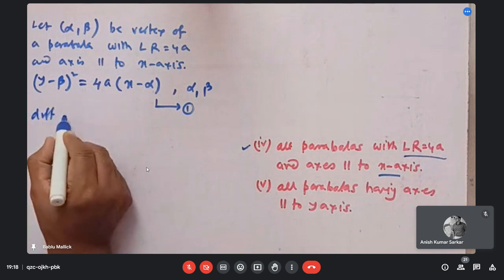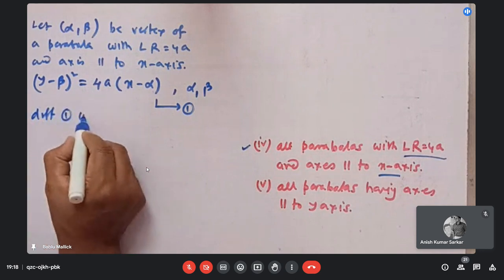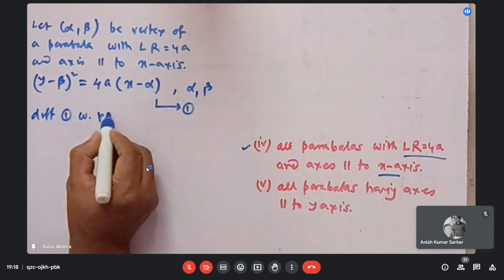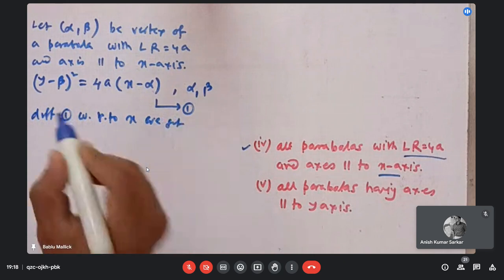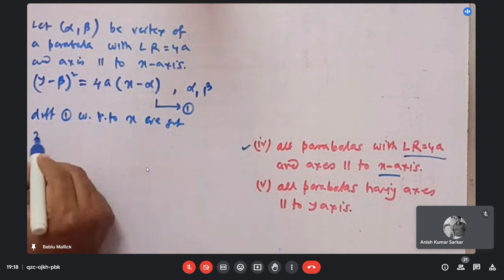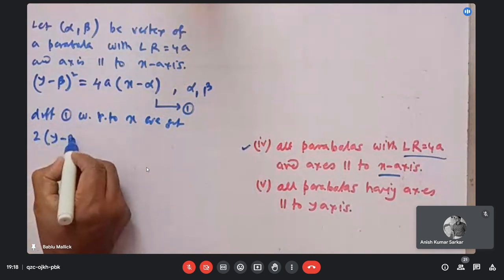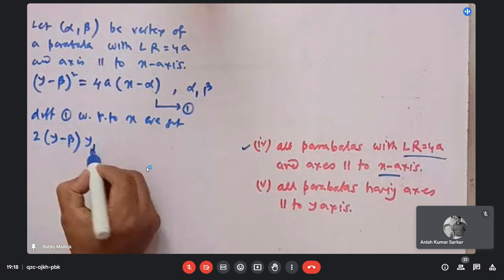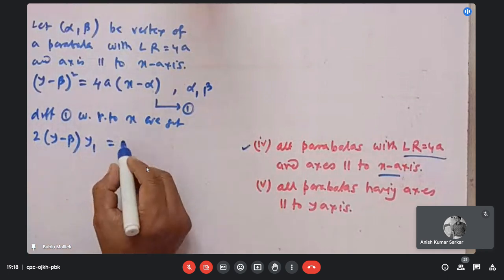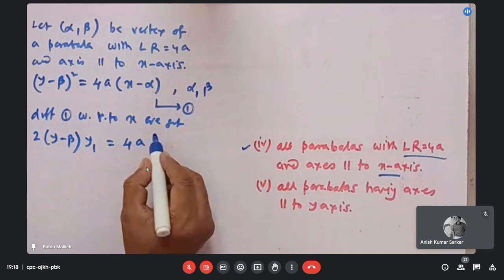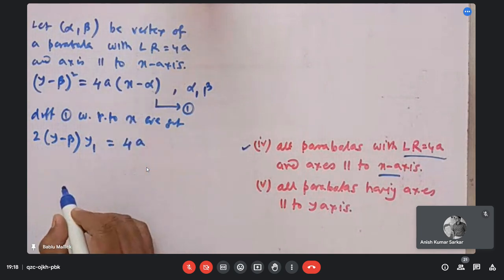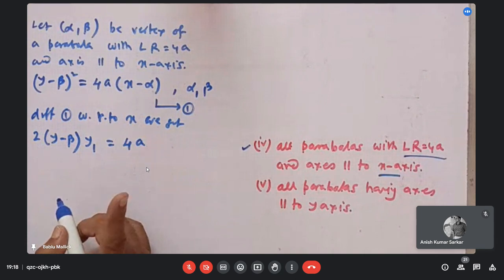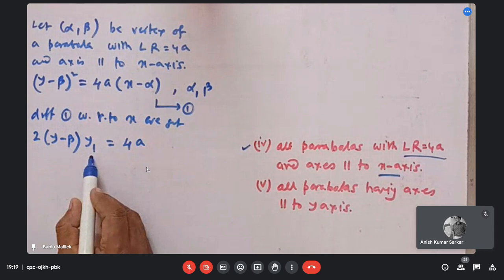Differentiating 1 with respect to x we get 2 into y minus beta into dy by dx is equal to 4a into 1. Our aim is to eliminate alpha and beta.